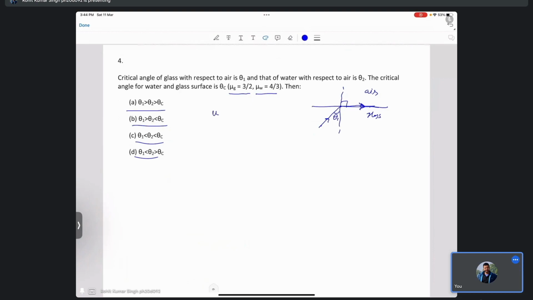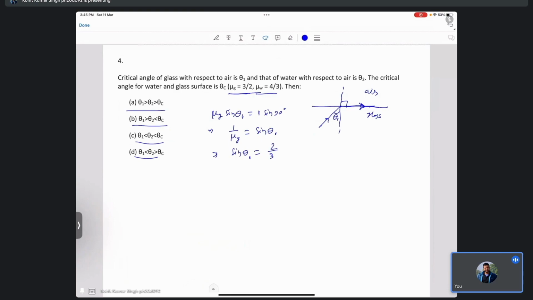So mu g sine theta 1 equal to, so this is air, refractive index is 1, sine 90, so 1 by mu g equal to sine theta 1, and mu g is given 3 by 2, so sine theta 1 equal to 2 by 3, okay.